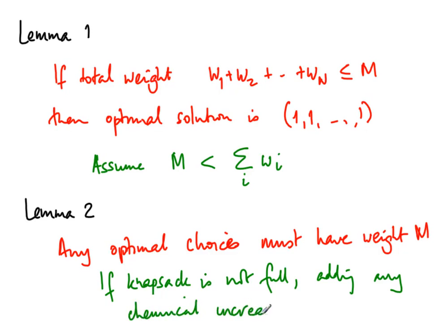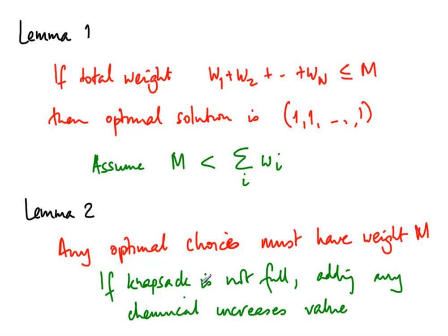Of course, we are assuming that all the chemicals have non-zero value. If you have something which is worth nothing, then you don't get anything by adding it. But in general, the problem is interesting if all the chemicals have some positive value. So if the knapsack is not full, then adding any chemical increases the value, so it cannot be optimal.